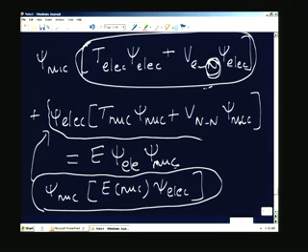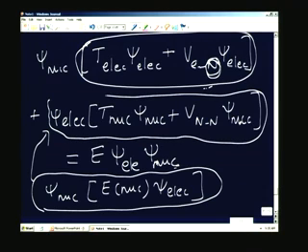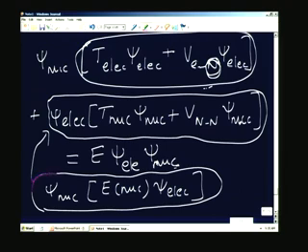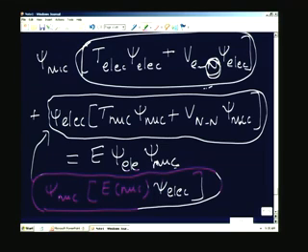When you add this term to the remaining term, it gives you the nuclear solution to the Born-Oppenheimer problem.